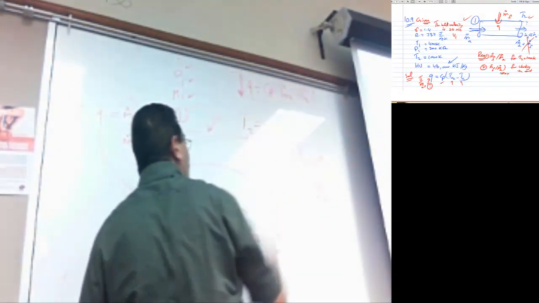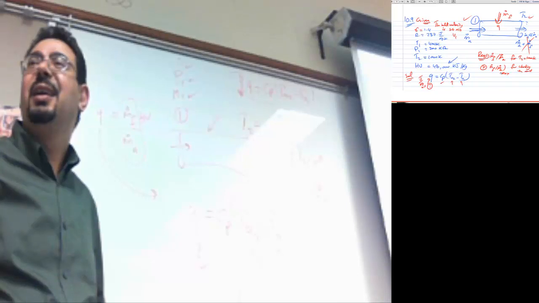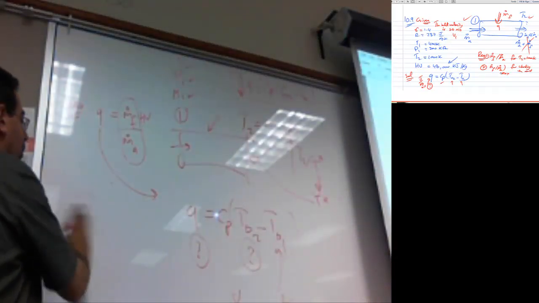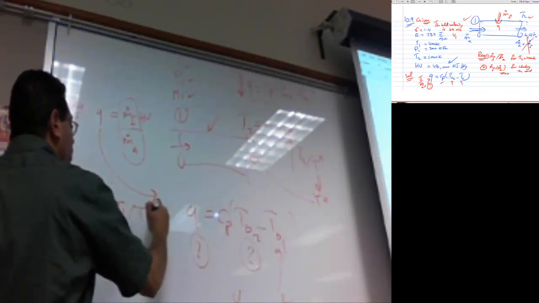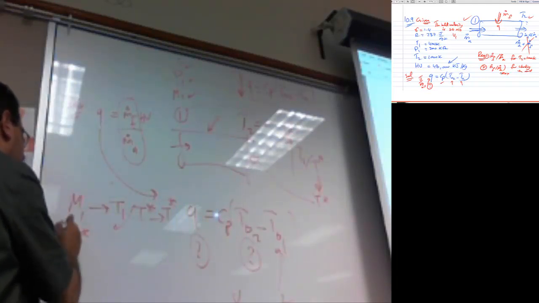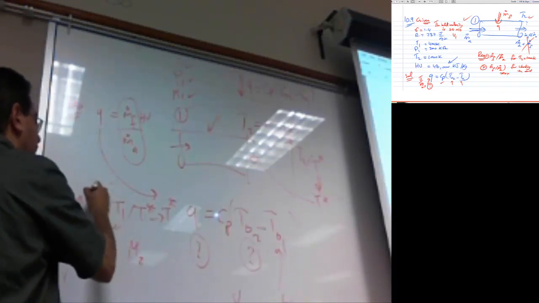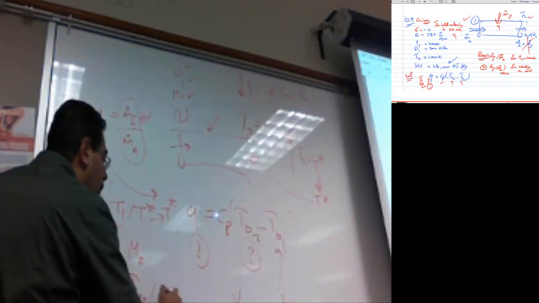T star over T2 will allow you to get your M2, and all the other stuff at 2. Right, so let's write it here. At M1 you can get your T1 over T star, and since you know T1 you can get your T star. Now at 2 you can get T2 over T star, and this allows you to get M2 from appendix G. Of course, everything is appendix G. M2 and T naught 2 over T naught star.